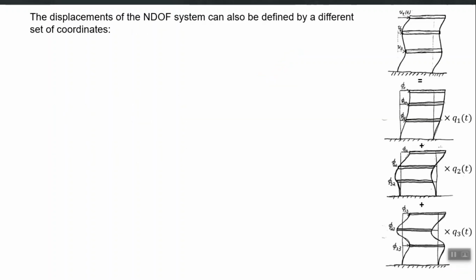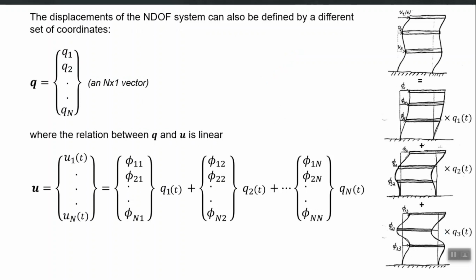The idea is that we can write the same u vector as a sum of some shapes, or some independent vectors, multiplied by the generalized coordinates. So, u1 of t, u2 of t up to un of t is written as some constant vector phi1 times q1 of t plus phi2 q2 of t up to phi n qn of t.